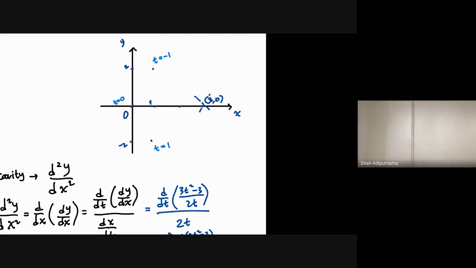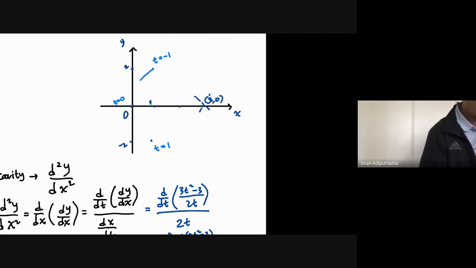So if you see, we will connect from negative 1 through here, and eventually go here, okay? Because when you have t equal 2, it should be around here. So it should move forward here, right? Because we already proved that (3, 0) is on the curve.